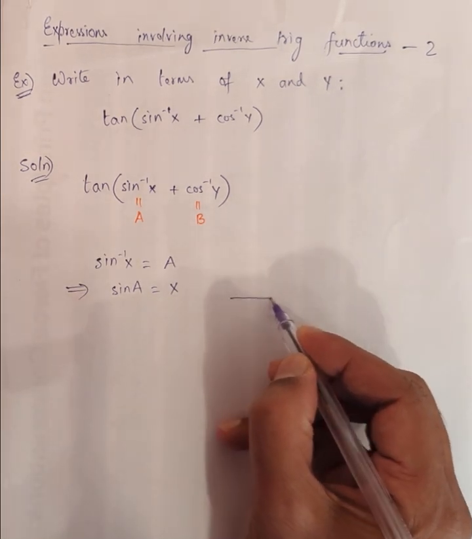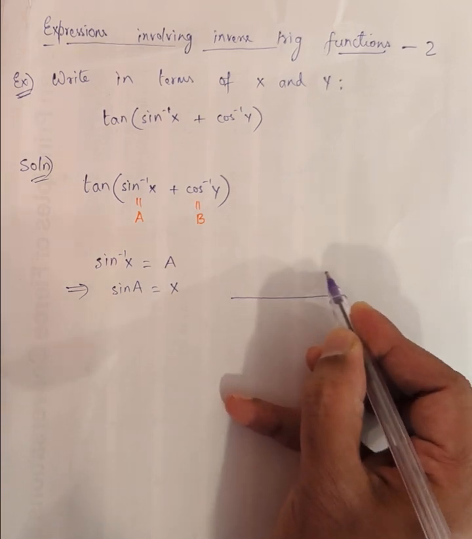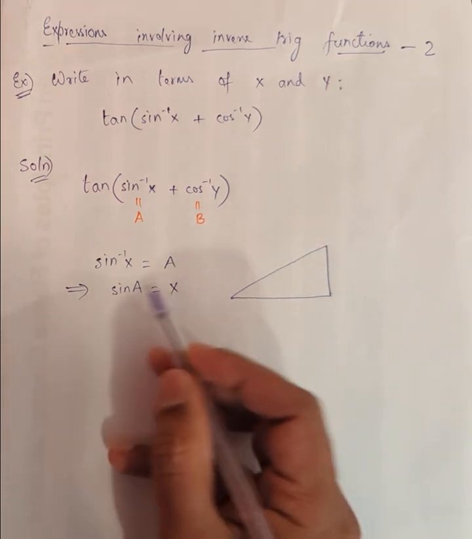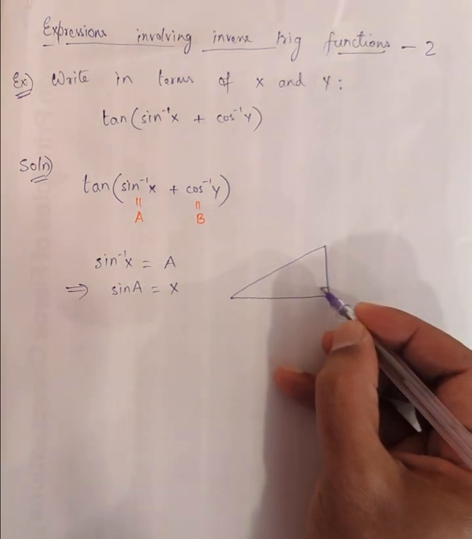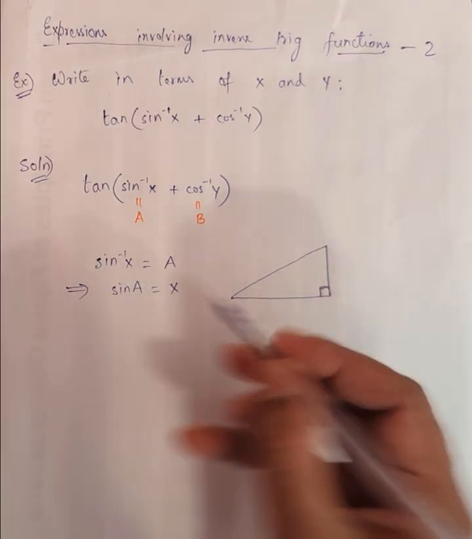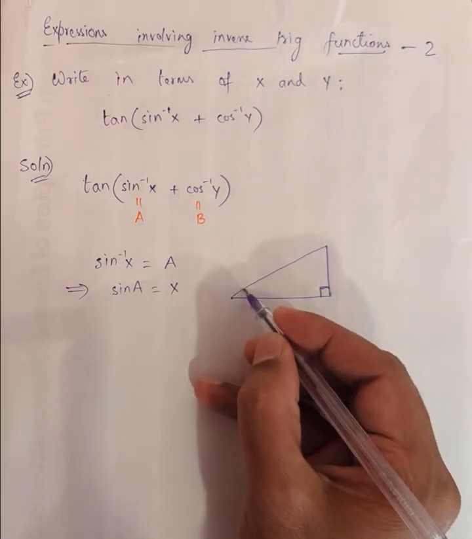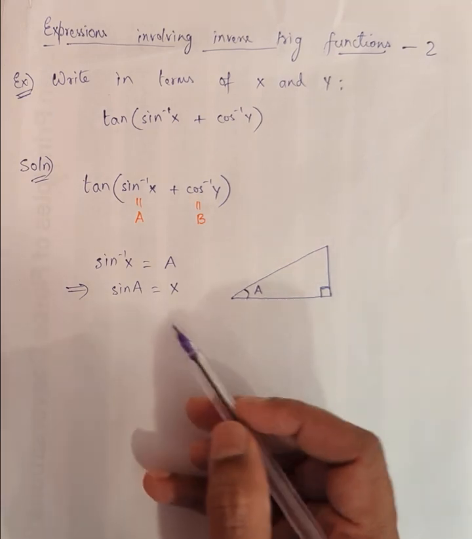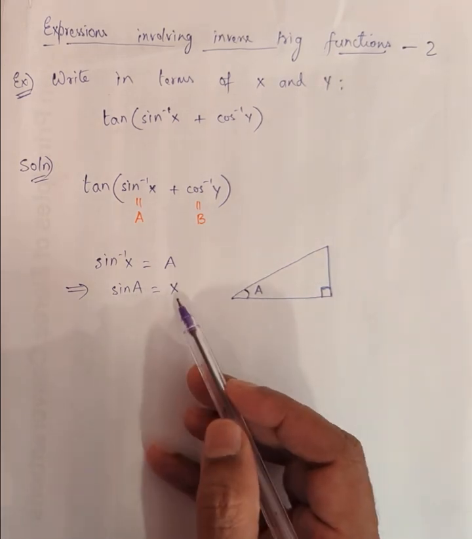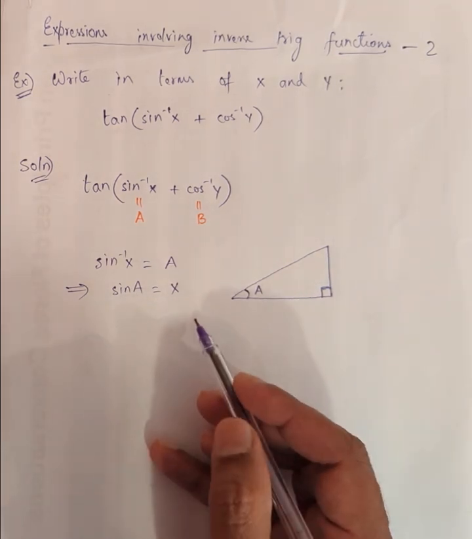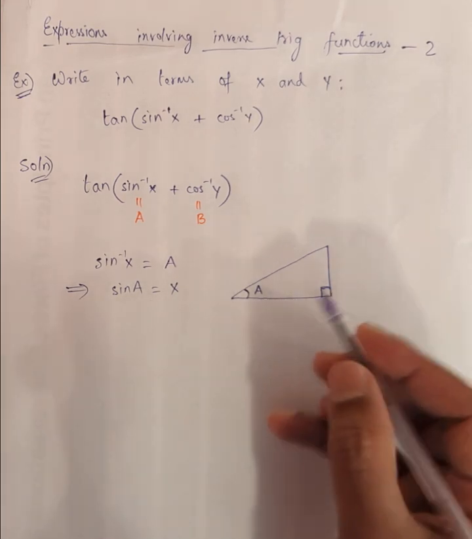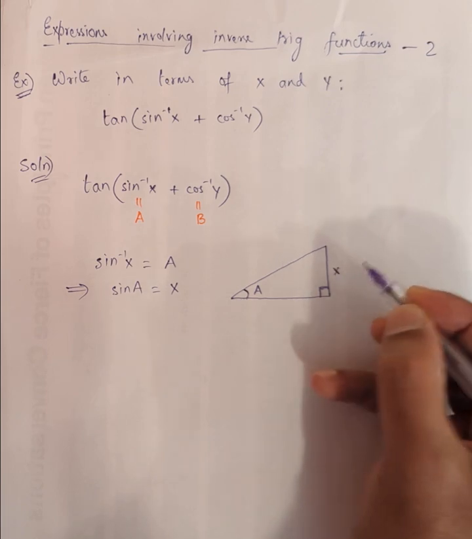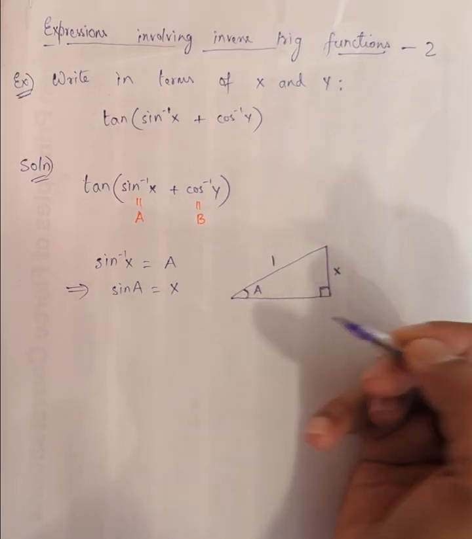And then we draw a right triangle with that information, which satisfies this equation. So right angle, and we want to call one of the acute angles A. Then sine A is x over 1. And sine A is opposite. Opposite to A is this. So I'm going to call this x and the hypotenuse 1.